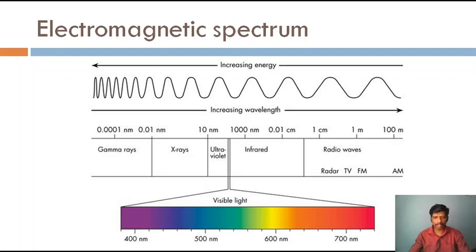For that, different radiation is used for different energy levels. That is called photoelectron spectroscopy. The same thing can be done with some high energy ultraviolet radiation. Photoelectron spectroscopy is also available with ultraviolet radiation.